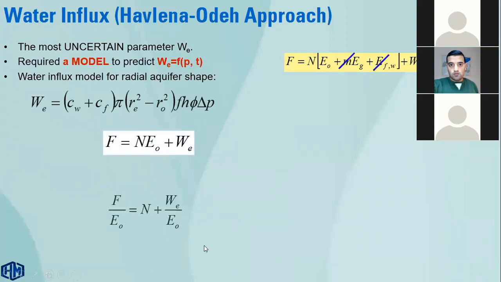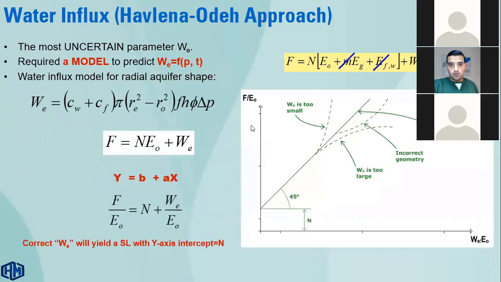Another example, if we have water influx, this is the general Havlena-Odeh material balance equation. So M equals 0, we have no gas cap, and we neglect E sub F,W. So we will have this form. In this case, the most uncertain parameter is W sub E, or water influx.